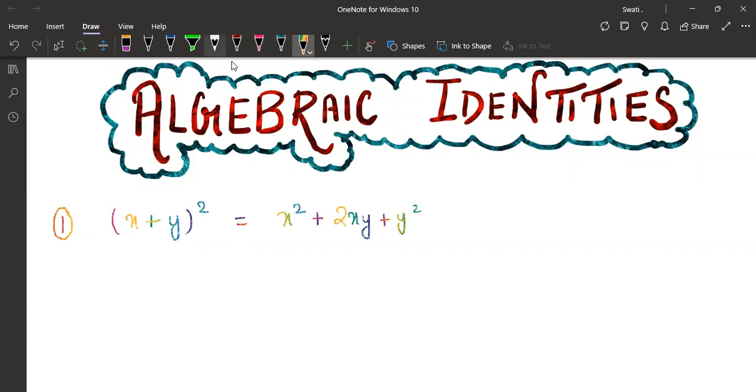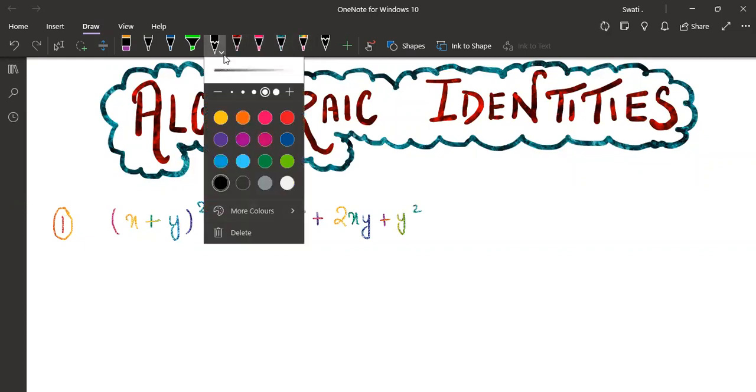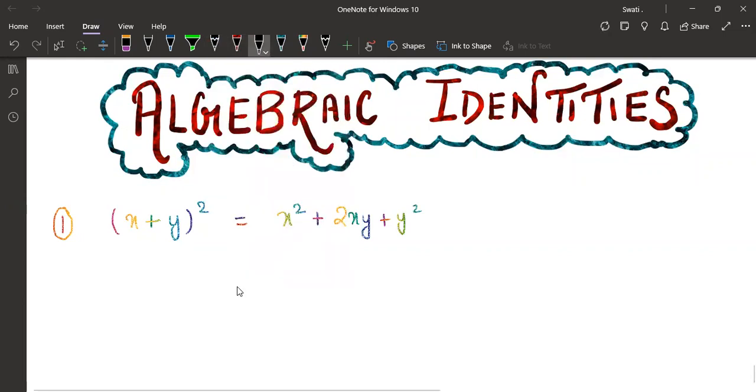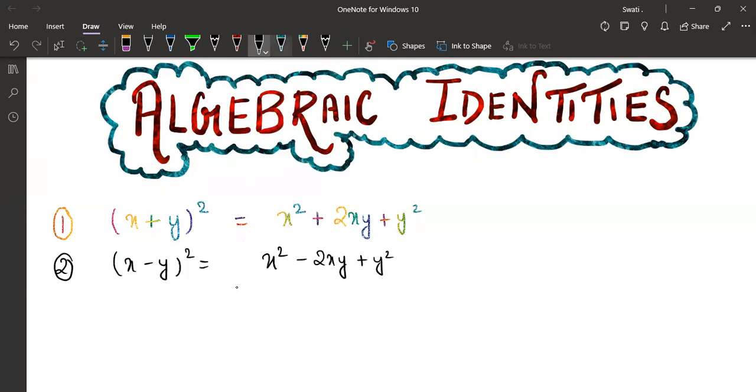The next one, of course, I'm going to change the sign, and this will become x minus y whole square, which is x squared minus 2xy plus y square.